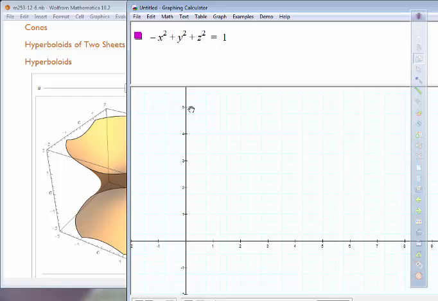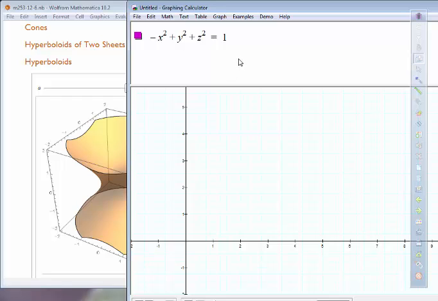So this looks like the same thing, except the signs of y and z are the same, and the x is different. So you would imagine this is a hyperboloid of 2 sheets, 1 sheet. And this is going to open up along the x instead of the z.